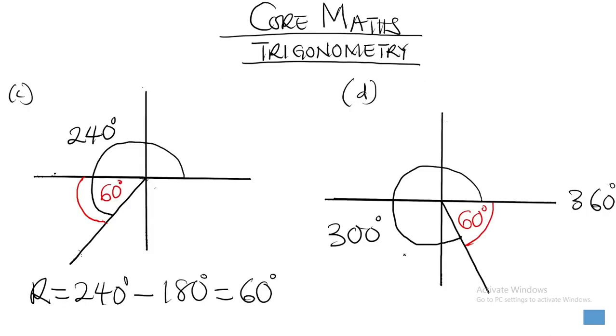So we have to subtract 300 degrees from 360 degrees. So here our R will be equal to 360 degrees minus 300 degrees, and that will give us what? 60 degrees.